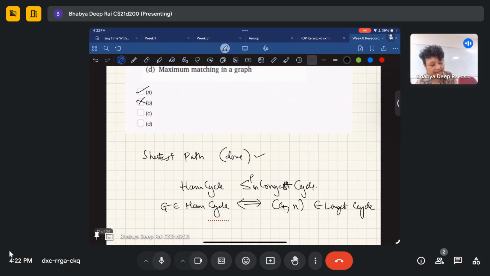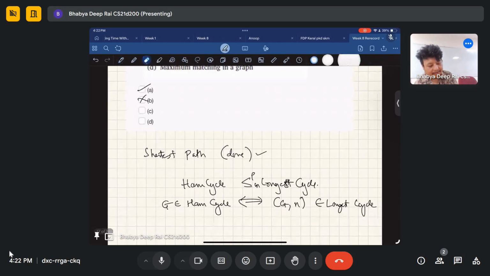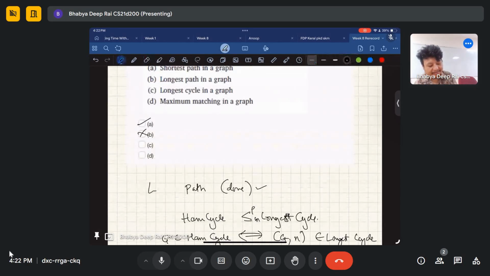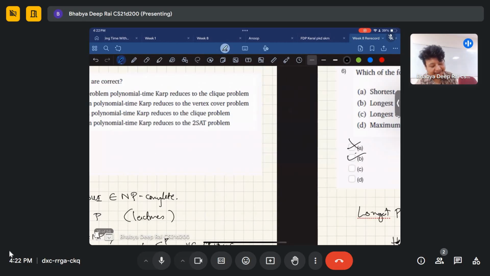Oh, okay, so longest cycle. I have mixed up the two, it seems. Sorry, I mixed up the definition of the two. That's why, okay, this is fine.